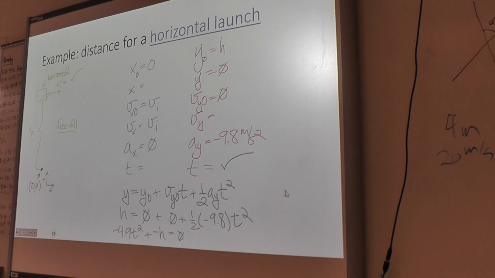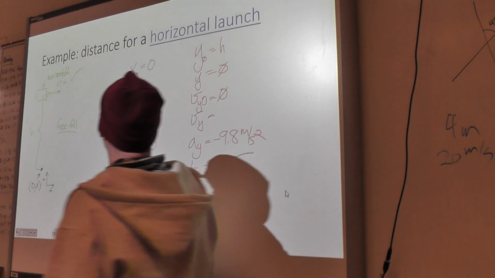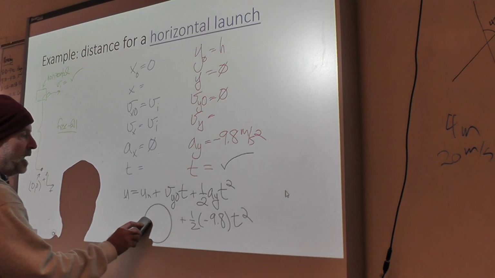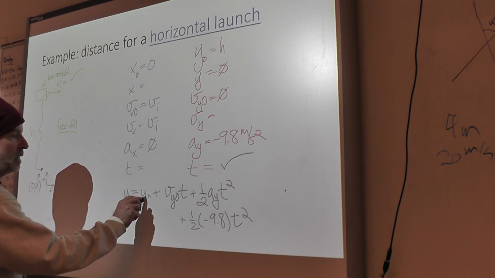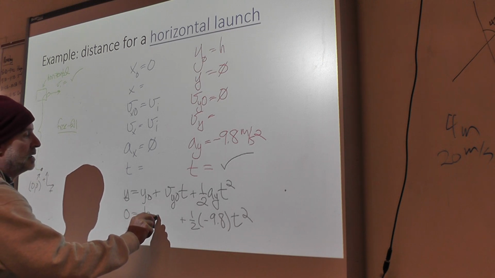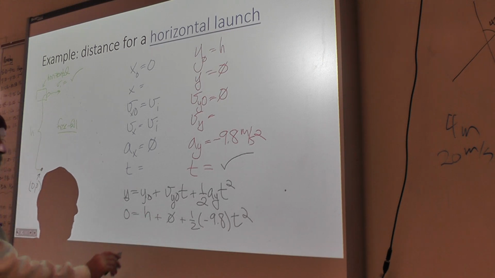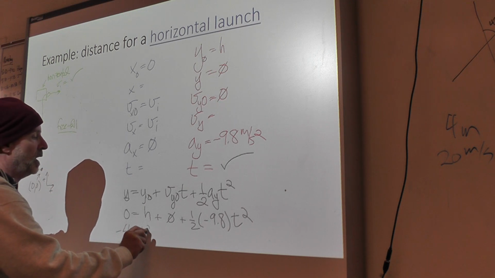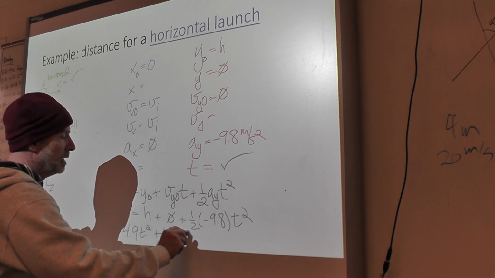Okay? Except, actually, I did this backwards, and I'm sorry about that. It's actually, it's going to be positive h, my bad. Let me just redo this for clarity. Our final height is 0. Our initial height is h. So this is going to be plus 0. So our quadratic is going to be negative 4.9 t squared plus h equals 0.